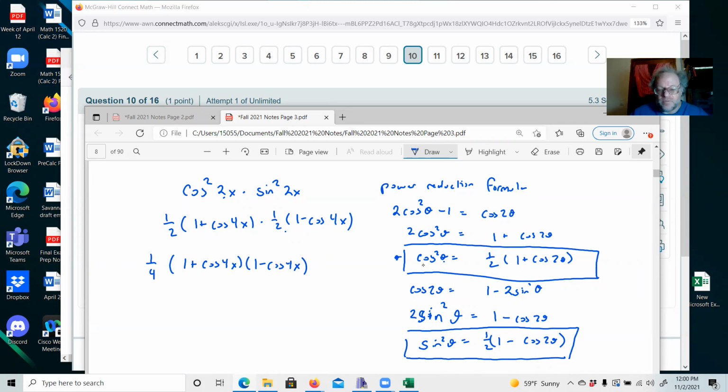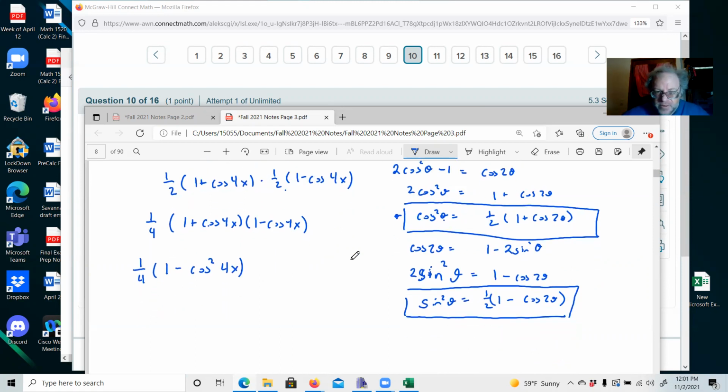Okay, and we're going to go ahead and FOIL this out. So you can see that there's a cosine 4x and a minus cosine 4x, so the middle terms are going to disappear. So we're going to have 1/4 times (1 minus cosine squared 4x). Okay, now we have to go back to this. We say, wait, they said no powers of cosine. We can have 1 power of cosine.